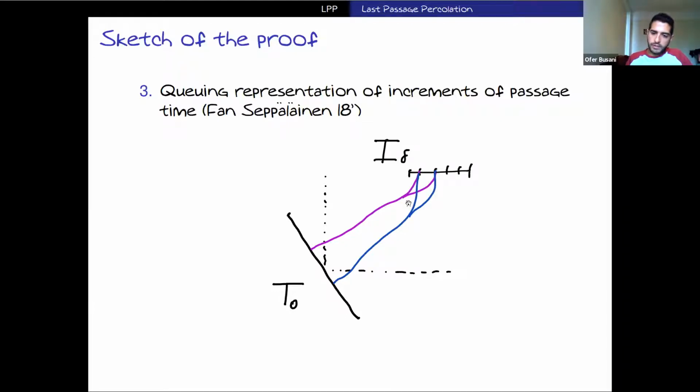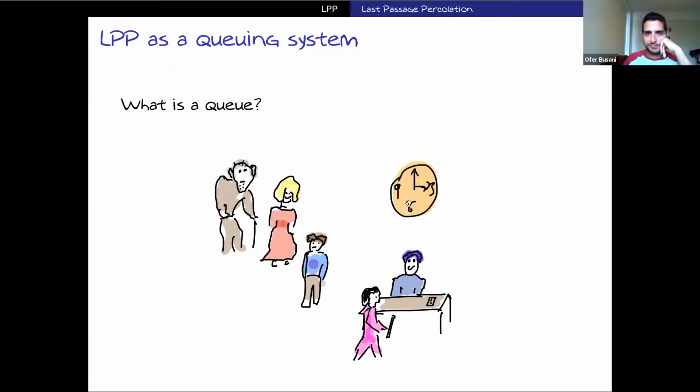The language in which we approach this is that of queuing theory. So I'm going to talk a little bit about queuing theory. I'm sure many of you are familiar with this, but still, just to jog your memory. So what is a queue?